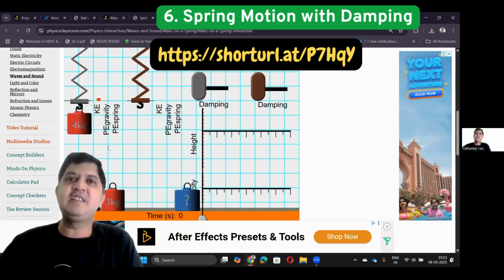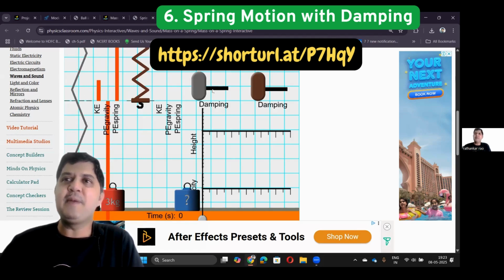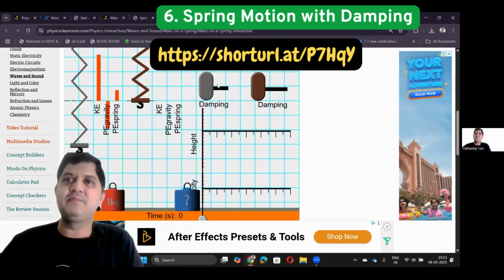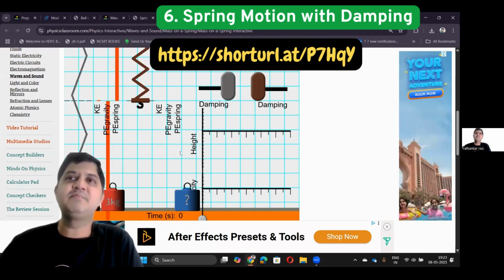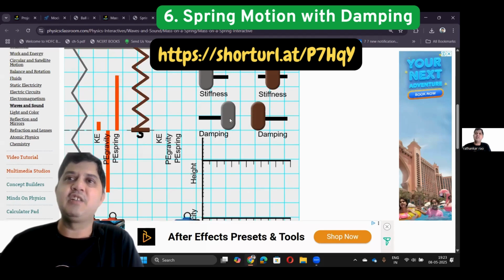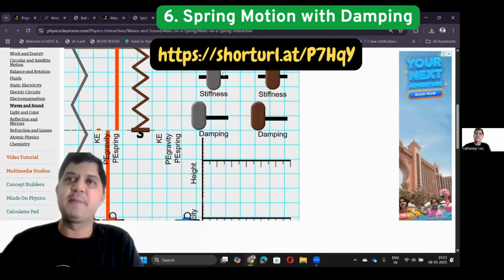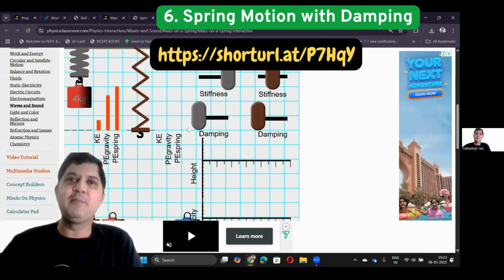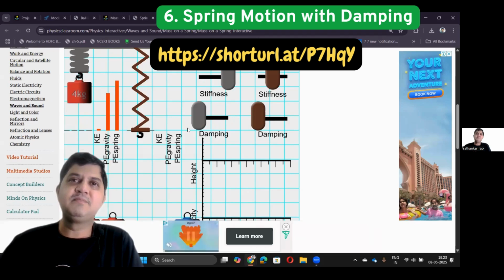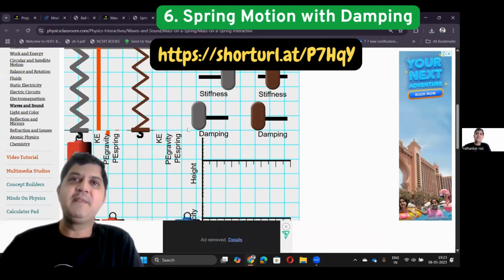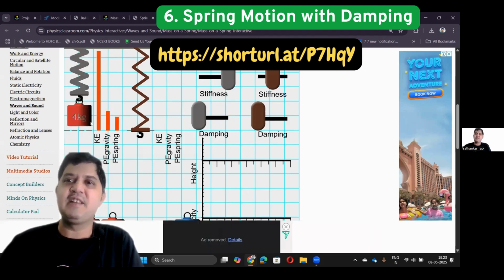Kinetic energy and potential energy keep on fluctuating like this, right? If I make it more and more stiff, then, sorry, not this, this one, the spring one, right? If I make it stiffer, then you see the amplitude of oscillation is not that much, it's lesser.